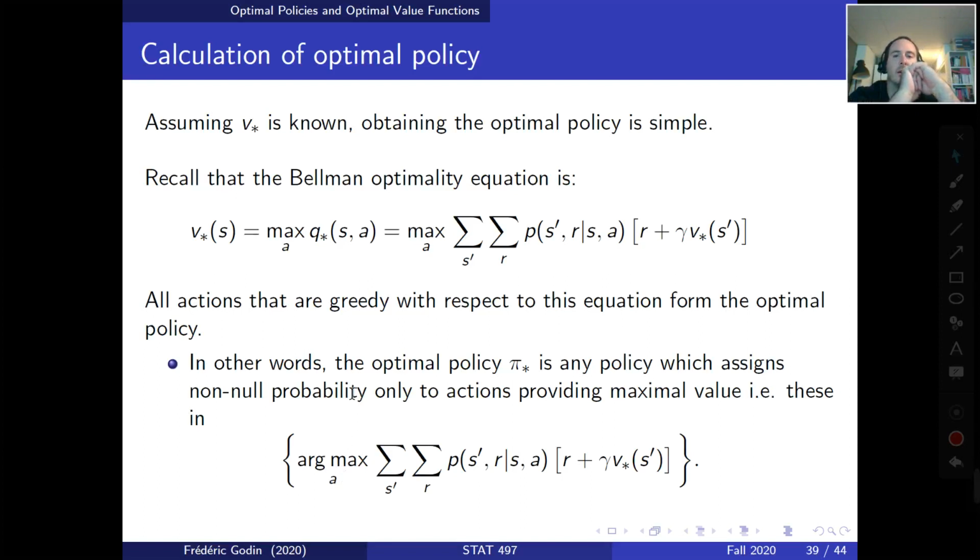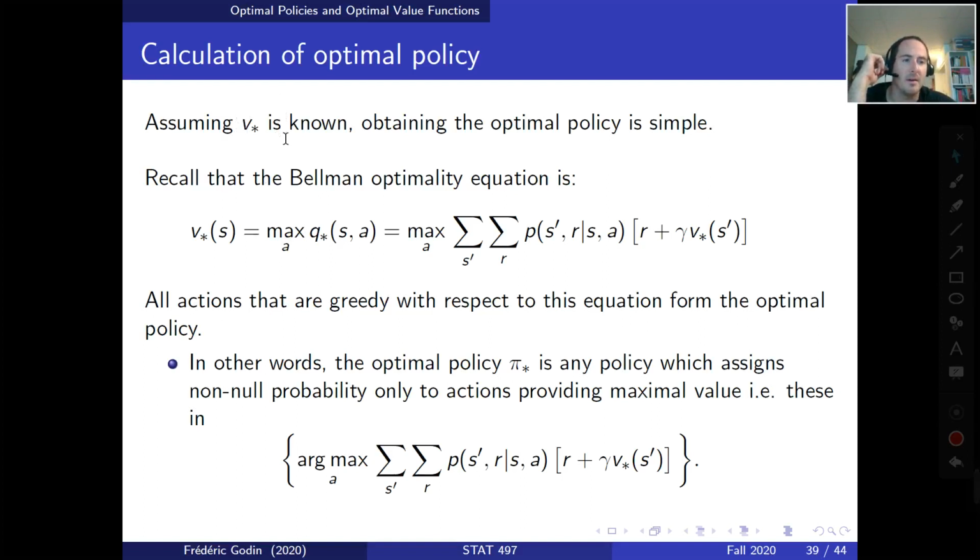So calculating the optimal value function, we're going to see it's not very easy, but assuming that we have the optimal value function V star, then one quick note, sometimes I just say value function.